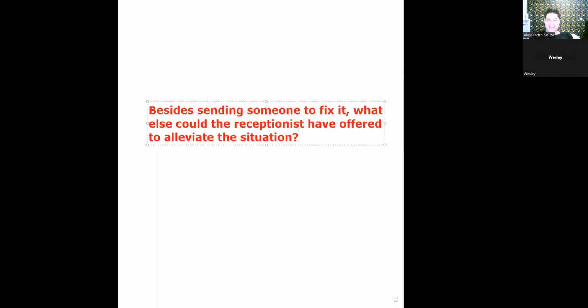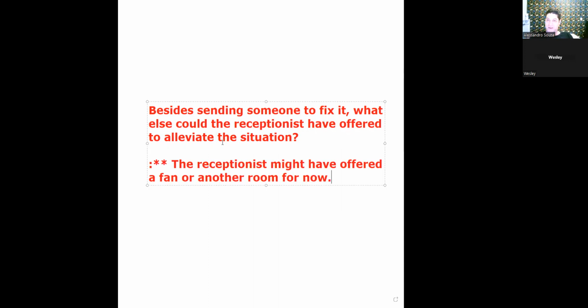Ventilador? Não sei como falar. Yeah, that's it. The receptionist might have offered a fan or another room now, you know. Here, the receptionist might have offered.